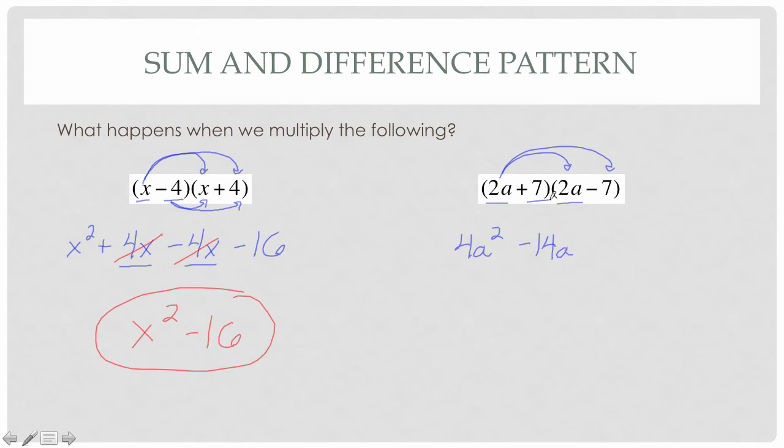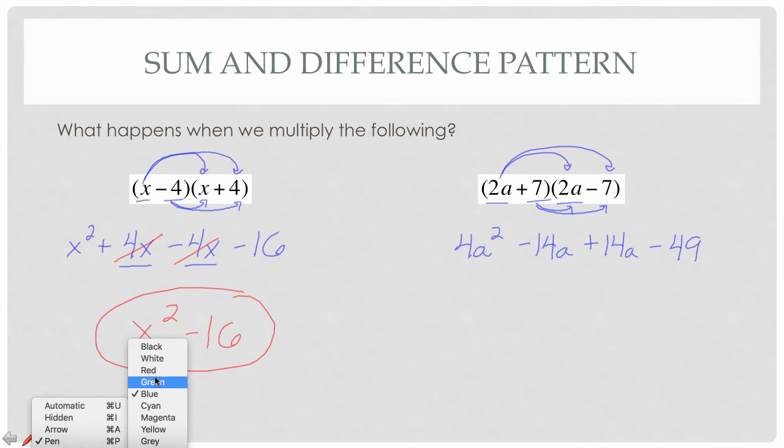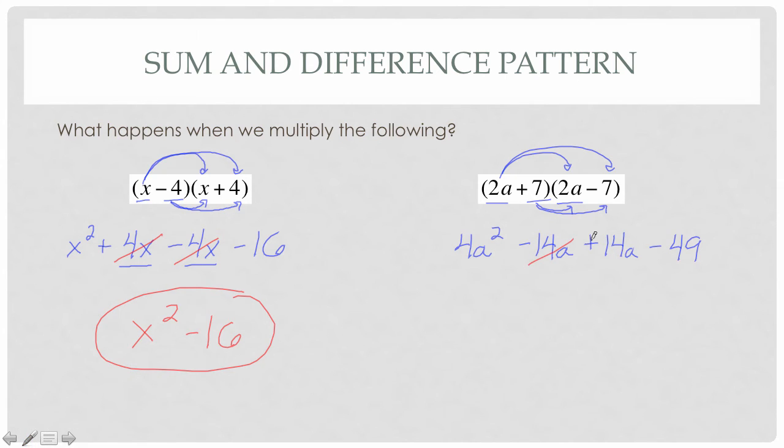But then I have a positive 7 times 2a. So that's a plus 14a. Again, there you go. Your middle terms are going to cancel. And we have 7 times a 7 is minus 49. So when I simplify this polynomial down, we end up with 4a squared minus 49. And there's our binomial, 2 terms, both are a degree of 2, and it's our sum and difference pattern when we're multiplying binomials together.